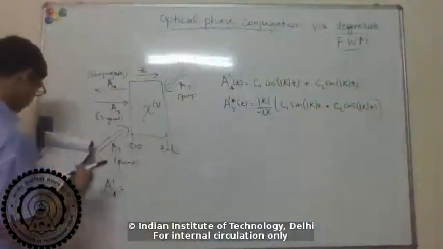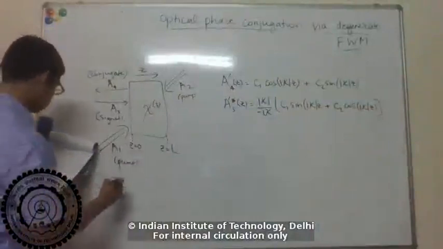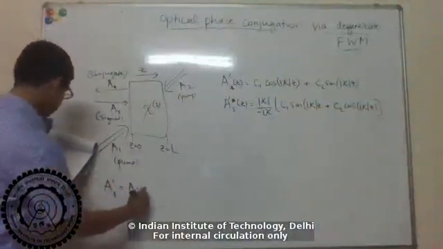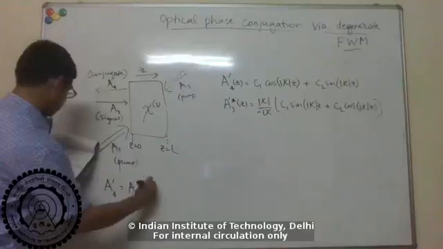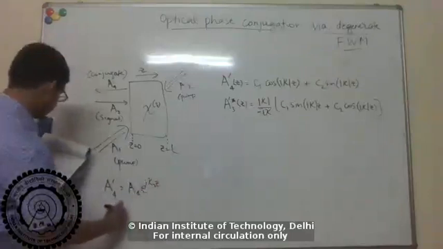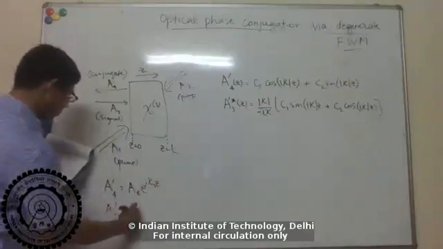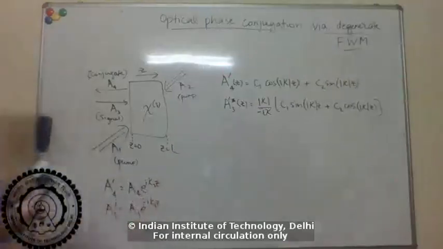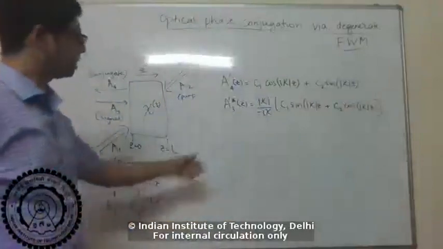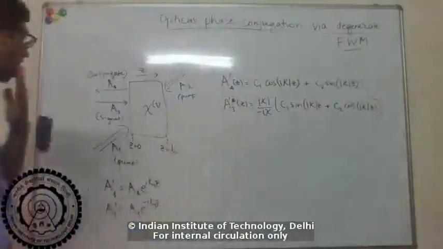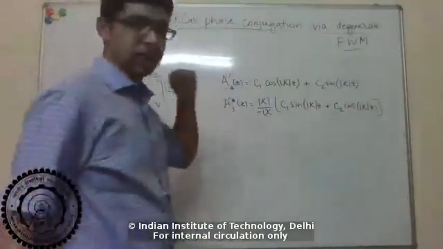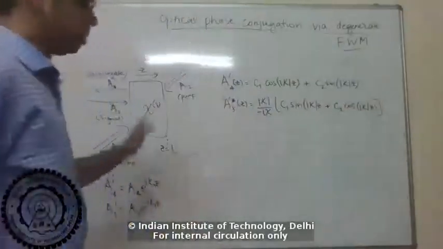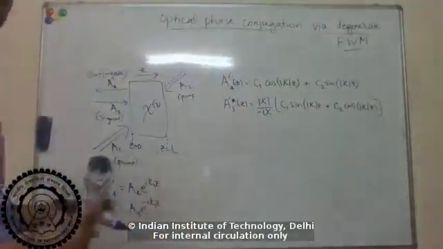A4 prime was A4 times e to the i kappa 3 z, and A3 prime was A3. If I multiply this whole thing by either e to the minus or plus kappa 3 z, then I get A4 or A3. And in the end, we'll be interested in the intensity or the magnitude, so phase is not really important.